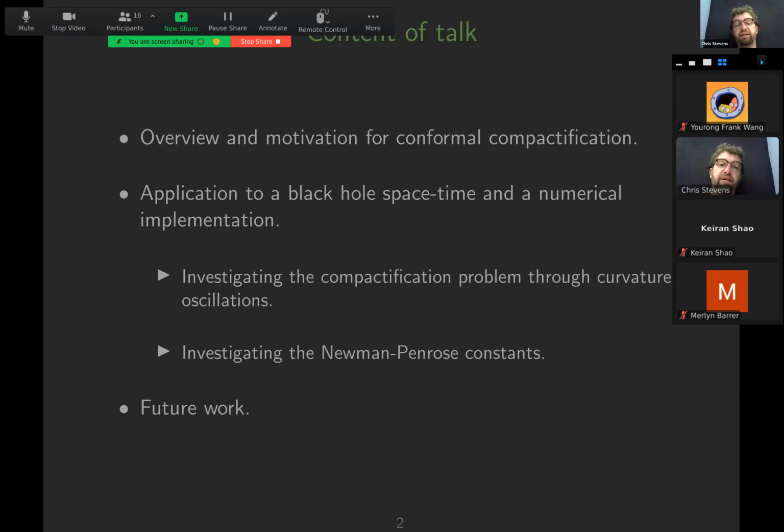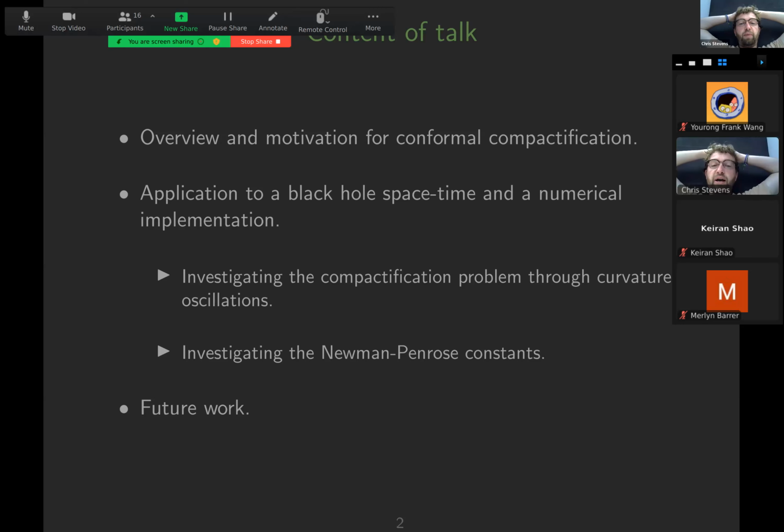And the stuff that Alex did was we look at these very mysterious-ish Newman-Penrose constants, which are physically relevant constants that are defined at infinity, that no one really knows what they are in the general case, which is quite interesting.